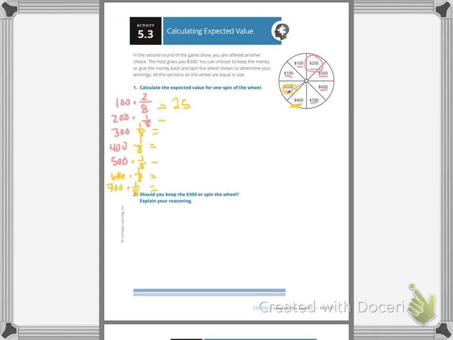So 25, 25, 37.50, 50, 62.50, 75, 87.50. So now we add them to figure out my expected value if I were to keep spinning.